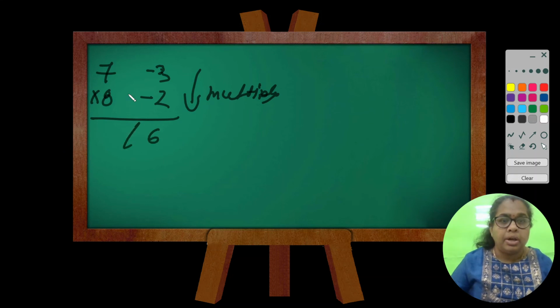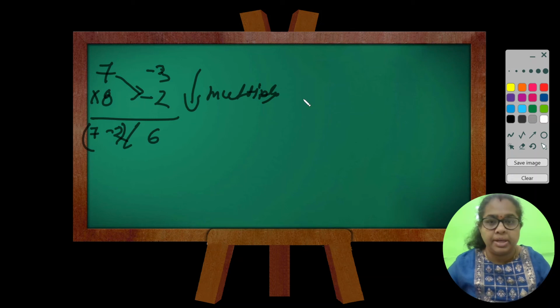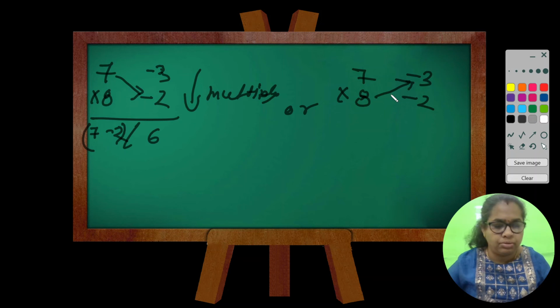Now we have to add either 7 and minus 2, so we get the other digit of the multiplication. So you can do 7 minus 2, or another way is to write 7 into 8, minus 3, minus 2, and you can add these.